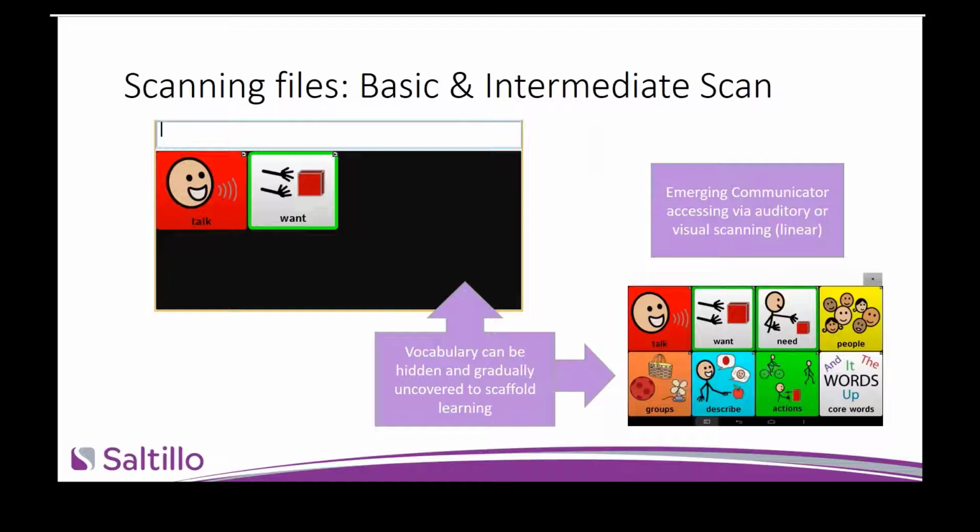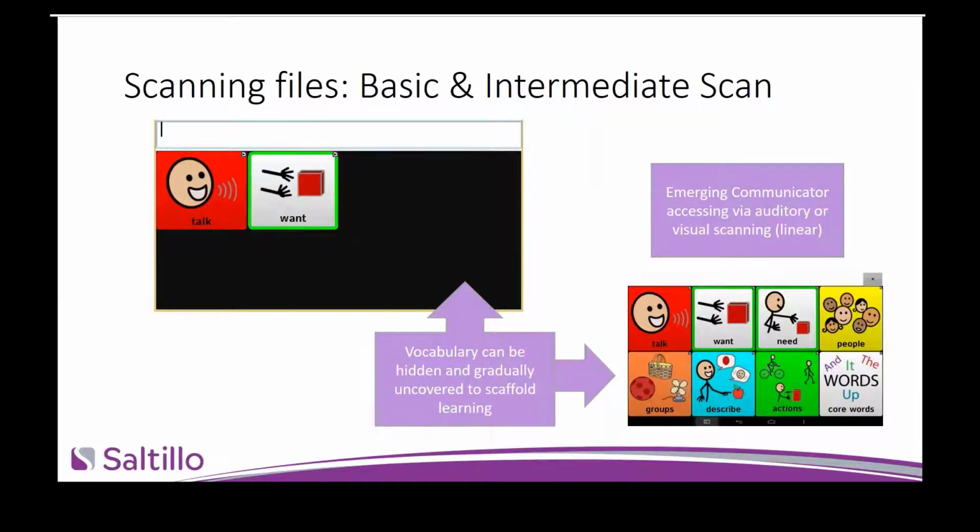That might be a place to start, and as the person grows their vocabulary and their communication, you would slowly start to unhide those buttons. That way you're scaffolding their language. Now we anticipate that somebody who's using these files are going to use auditory scanning, that way they can hear the prompts, and also linear scanning where they're going to scan one by one on the screen.